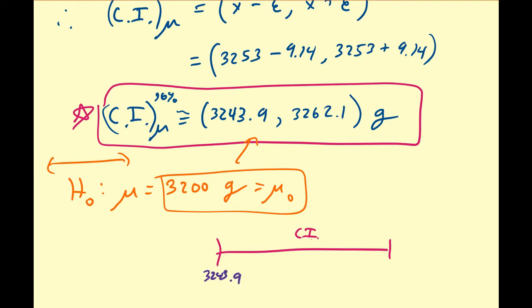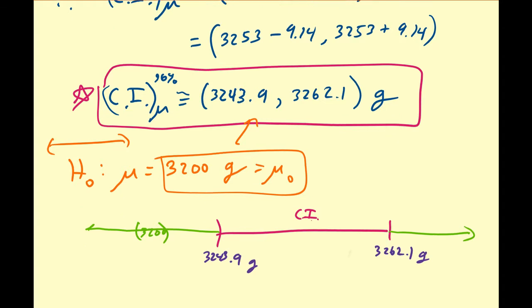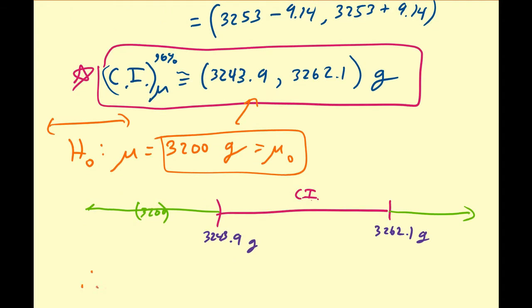Over here we have 3262.1 grams. And we have this null hypothesis of 3,200, so that's over here somewhere. Of course that's outside of our confidence interval. Therefore, since the null hypothesis does not belong to our confidence interval, I'm going to reject the null hypothesis.